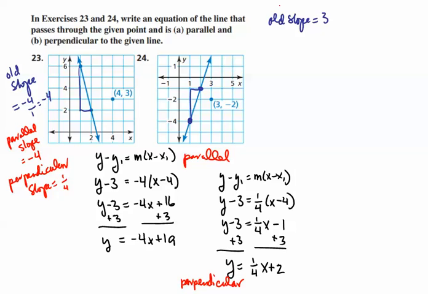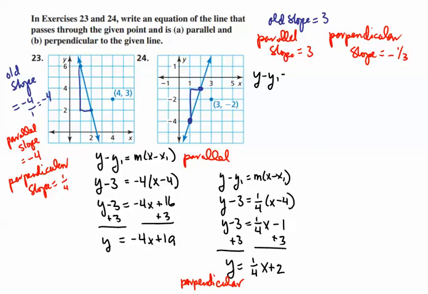Then our parallel slope will be 3, and our perpendicular slope will be -1/3. So we're going to again set up two different equations.